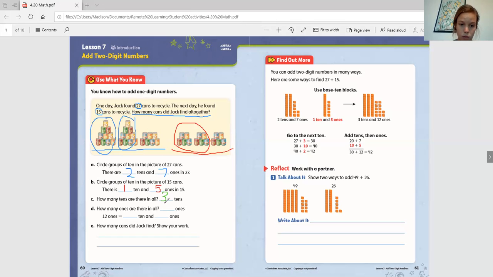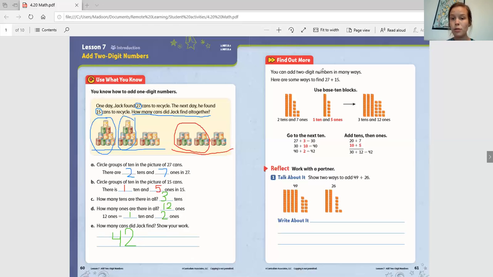So I have 12 ones, which I know can be broken down into 1 ten and 2 ones. So how many cans did Jack find in all? I had my 3 tens, and one more 10 right here, so I make 4 tens plus 2 ones, which is the number 42.